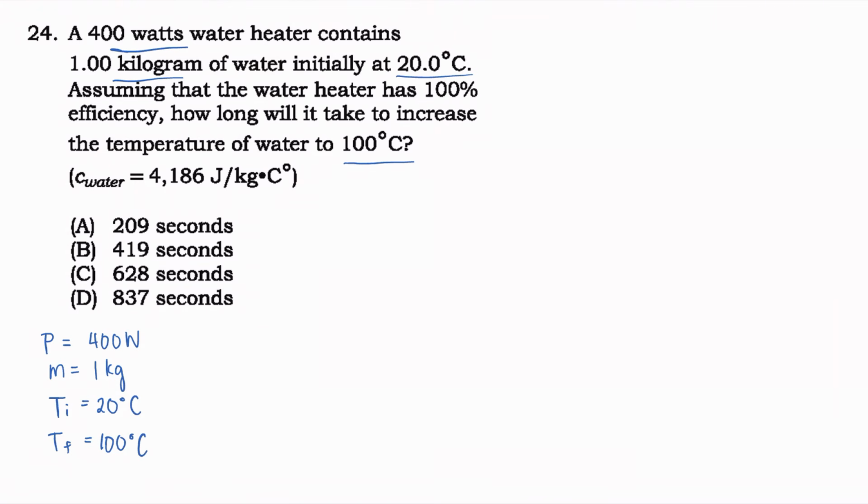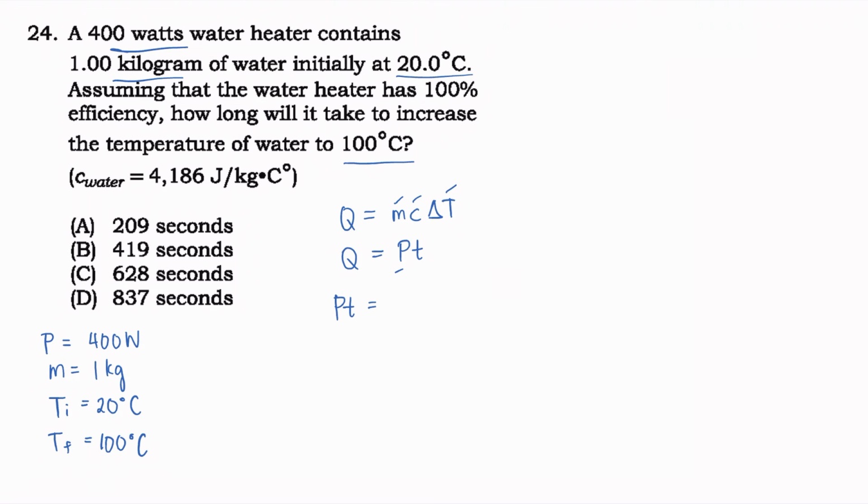So, dito yung pinapahanap ay yung the time it takes to increase the temperature. So, yung time. Yung formula natin for heat is Q equals M, or yung mass times specific heat times the change in temperature. And we also know that heat is equal to power times time. So, given naman tayo nung power, may mass, may specific heat, may change in temperature, so makukuha na natin yung time.